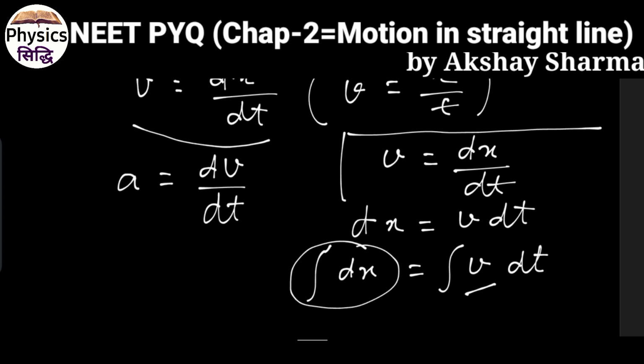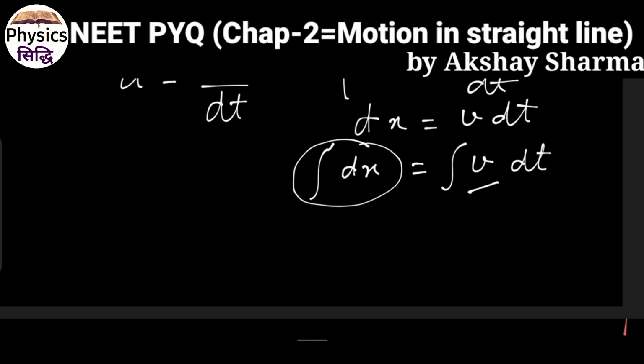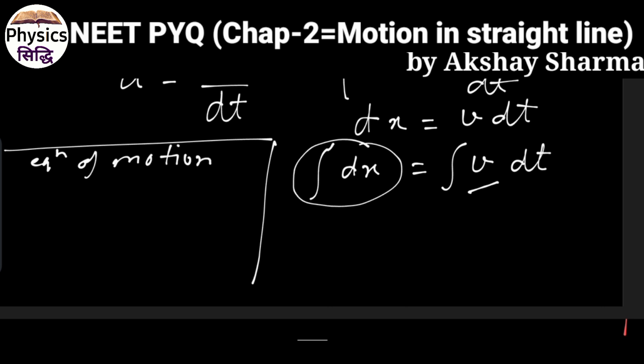Now let's see another part, which is the equations of motion. These are pretty important for the problems that come from this chapter. The first one is v equals u plus at. It means final velocity becomes initial velocity plus acceleration into time.